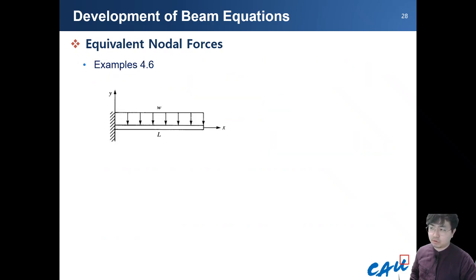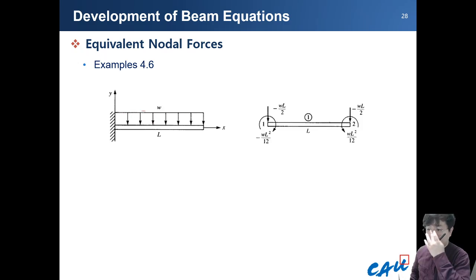So let's go to an example, problem 4-6. This is a beam structure, an Euler beam structure, attached to the wall, and we apply a constant uniform distributed force in the minus y direction.